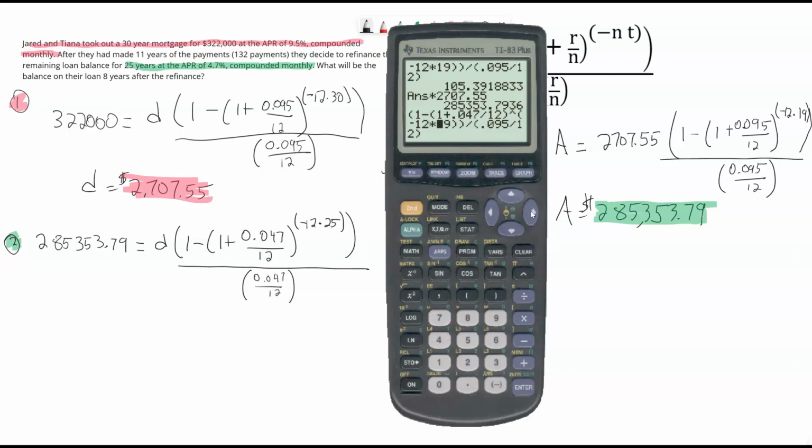We're doing a 25-year mortgage, and I need to change this to 4.7 as well. This will be all the stuff on the right side of the D. There we go. And to solve for D, we need to divide this into the number on the left.